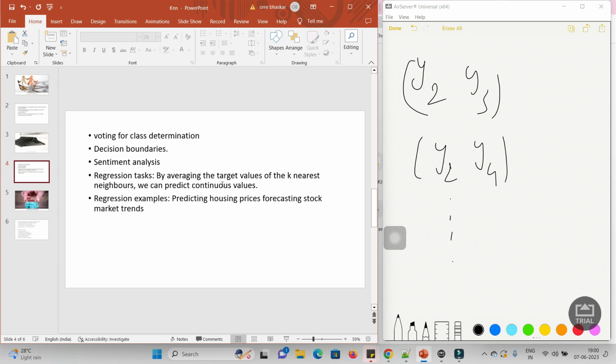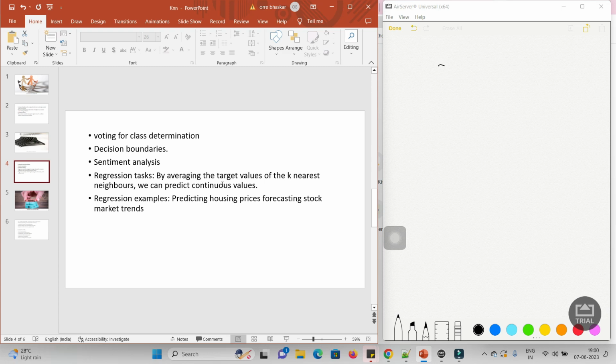Like this, we take all possible combinations, and whichever are our k neighbors, we will take those observations and whatever they predict. If it's a classification, it will be majority vote. If it's a regression, what will you do? It will be an aggregate.